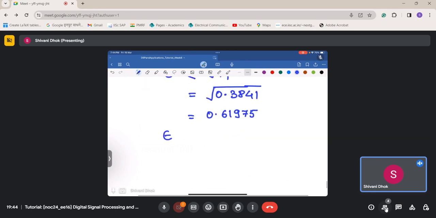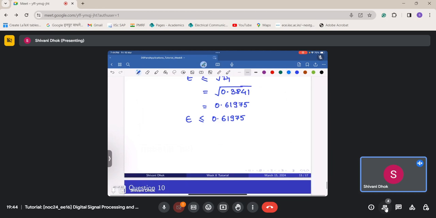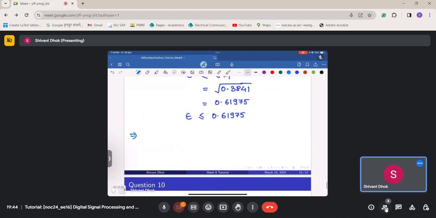So epsilon is less than or equal to 0.61975, which means that the maximum value of epsilon is 0.61975. Okay, simple. Any questions?